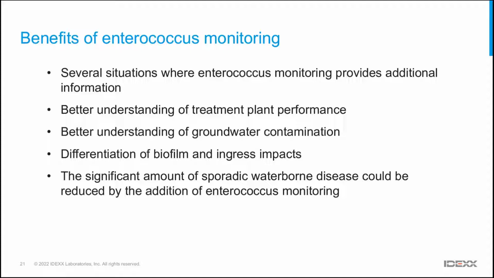And although there have been some studies showing that Enterococci can be incorporated into certain biofilms, they don't seem to be incorporated into water network biofilms to any great extent. And so using this additional marker of Enterococcus monitoring, it's my belief that certainly a significant amount of sporadic waterborne disease could be reduced.